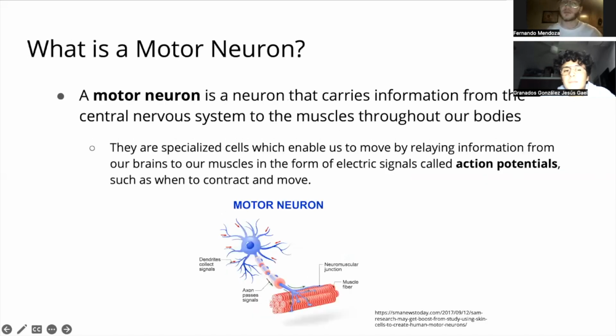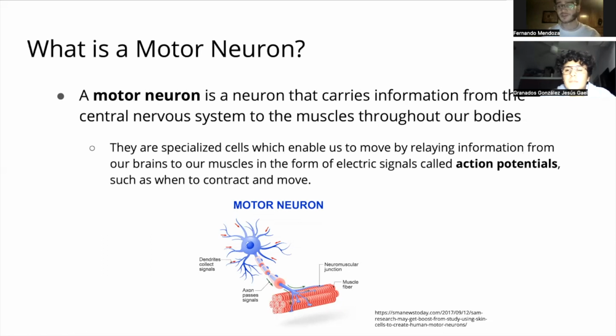But well, the theory behind this machine, the electromyograph, is the motor neuron. And what is a motor neuron? A motor neuron is a neuron that carries information from the central nervous system to the muscles throughout our bodies. They are specialized cells which enable us to move by relaying information from our brains to our muscles in the form of electric signals called action potentials, such as when we contract or move our muscles.